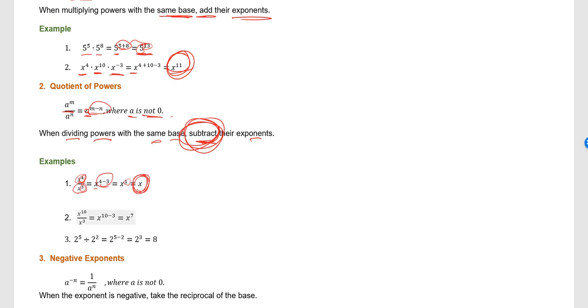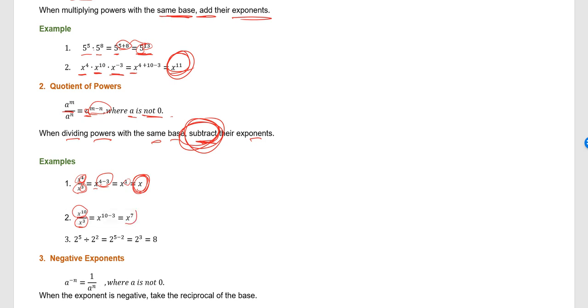Okay, x to the 10th divided by x to the 3rd. Again, very similar to number 1. Very straightforward. So x is a common base here and here. So we take the base and we rewrite it here in the result, and then just take the exponents, 10 and 3, so 10 minus 3, right?